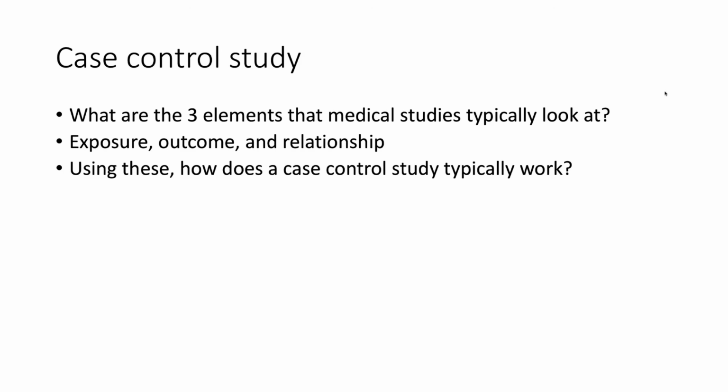So let's try and find a happy medium. Can someone give us a slightly more technical definition, but one that is still understandable in plain English, for what a case control study actually is? Go ahead, Jessica.